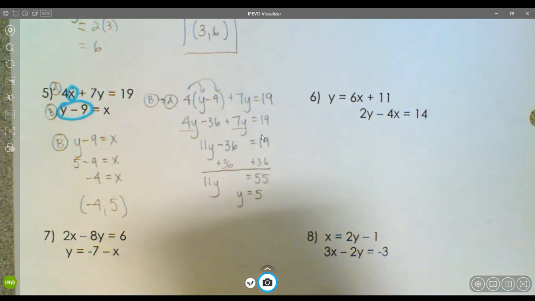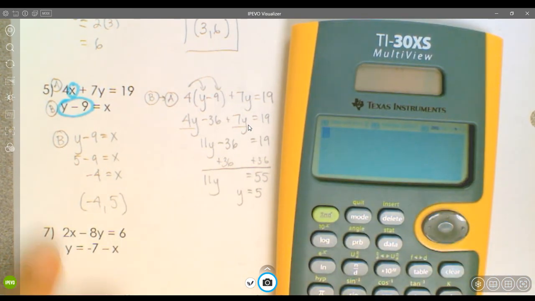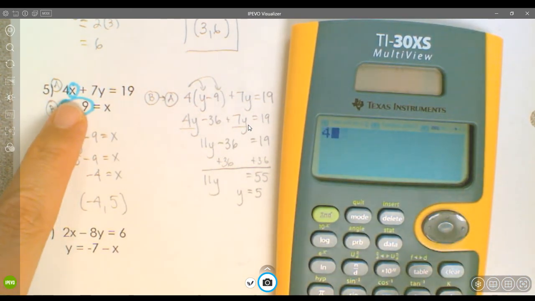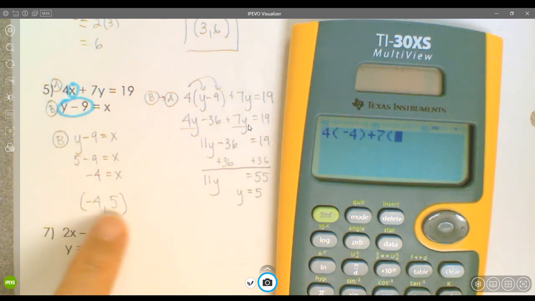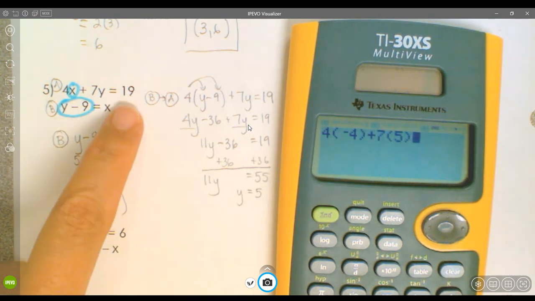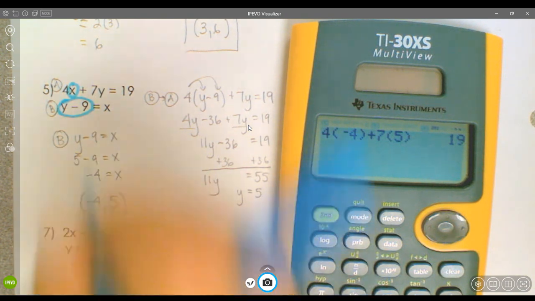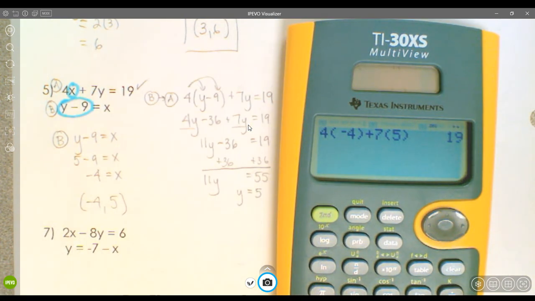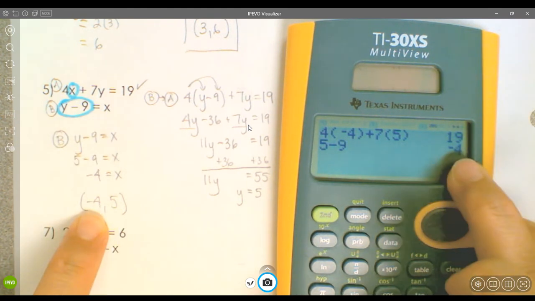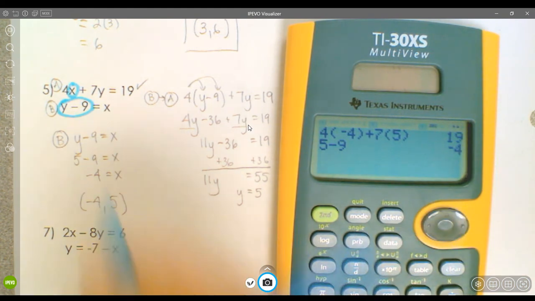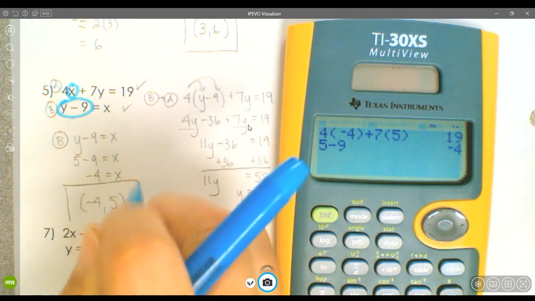Let's check it. 4 times x, which is negative 4, plus 7 times y, which is 5. Does that equal 19? Yes, it does. Now I'm going to take y minus 9, 5 minus 9. That should equal negative 4. And boom, it does. So guess what? That's right.